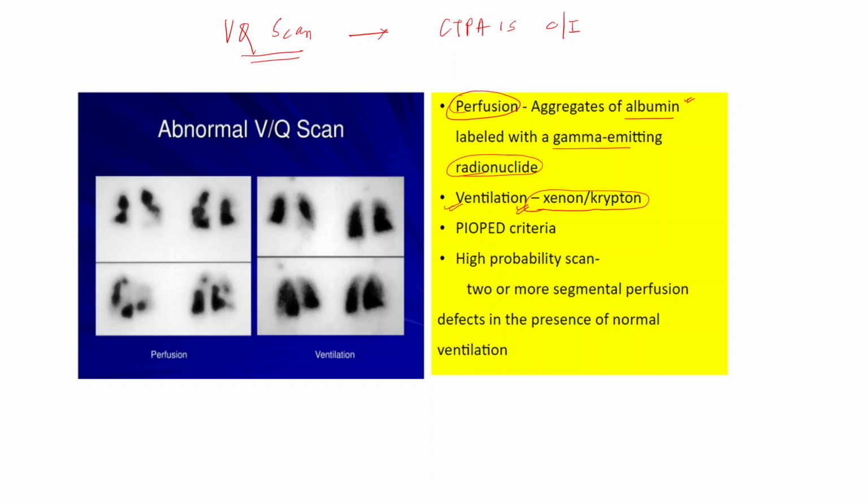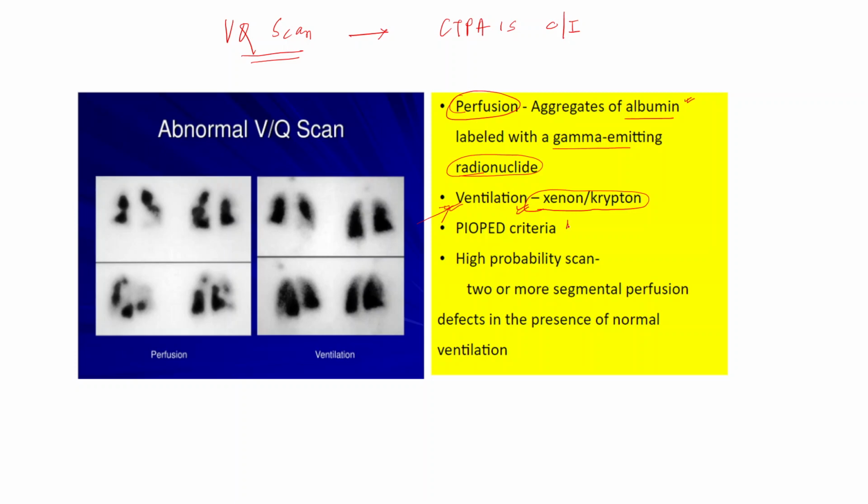Whenever there is a ventilation perfusion mismatch, that means there is a pulmonary embolism. Because in the pulmonary artery there is a thrombus, blood is not flowing to that segment. However, the ventilation will be maintained because the patient is inhaling this gas. So ventilation will be there, but perfusion will not be there because of the thrombus. That is known as the ventilation perfusion mismatch.